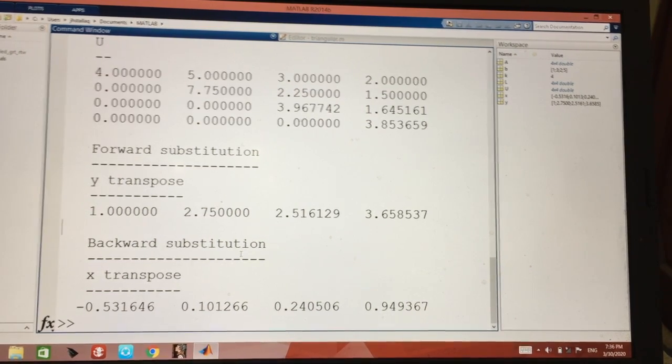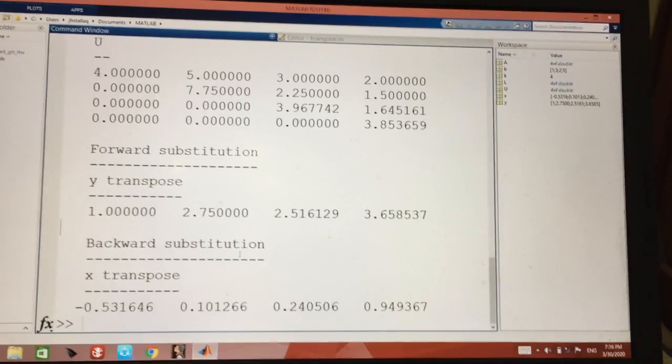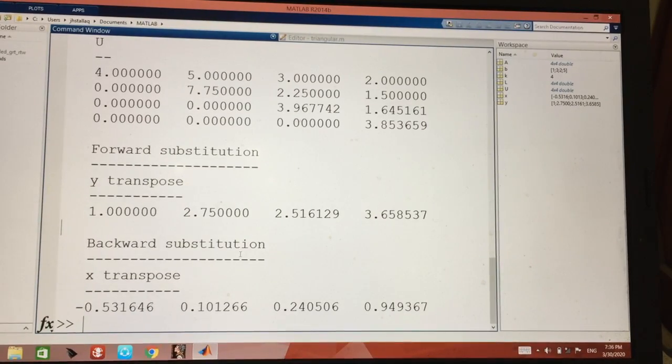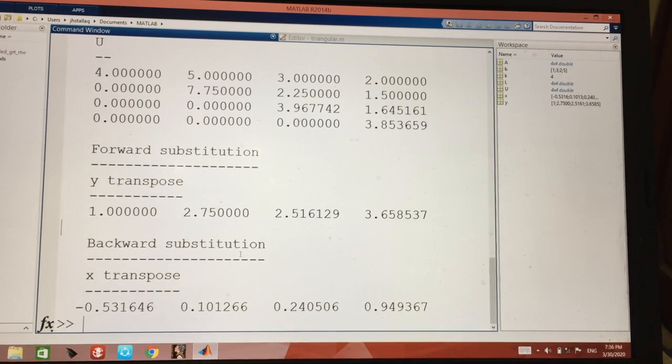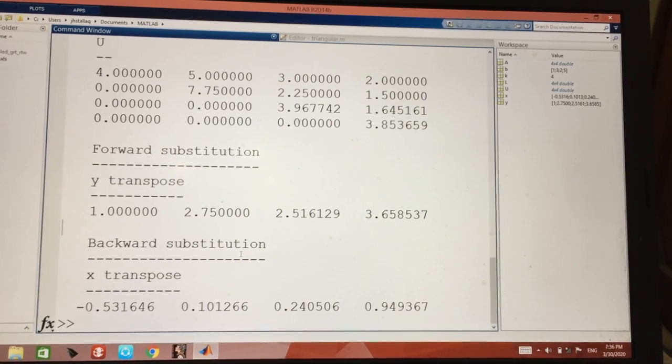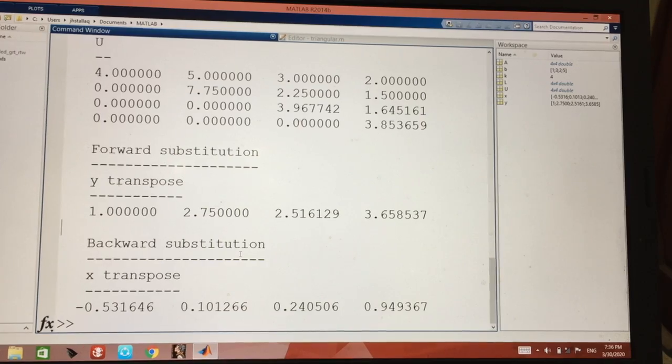And here you have u12, u13, u14, and so on, u23, u24, and u33, this is 3, 3, and this is 3, 4, and 4, 4.